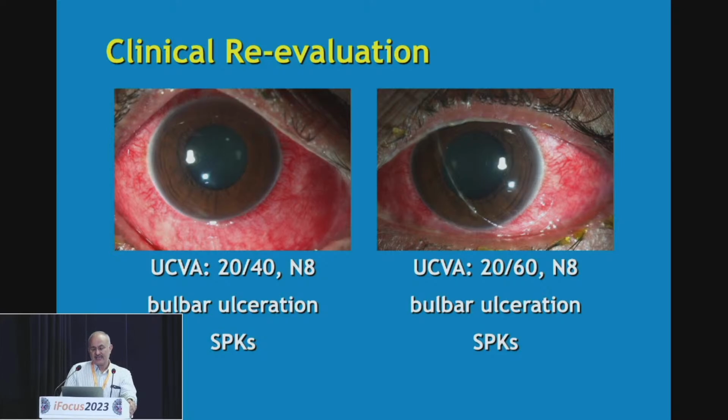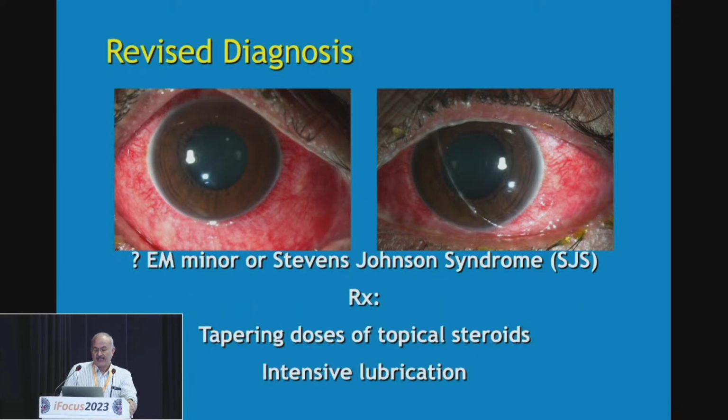So this patient, we initially did not understand what we were dealing with, and we treated with topical and systemic treatment. Our revised diagnosis at that stage was erythema multiforme minor or Stevens-Johnson syndrome, which you know is a severe condition involving acute drug reactions, right?